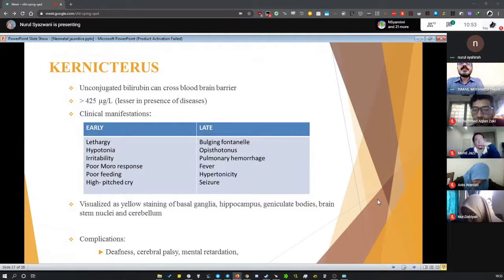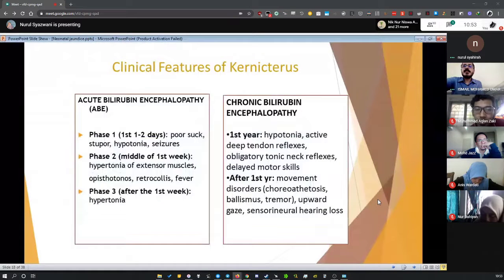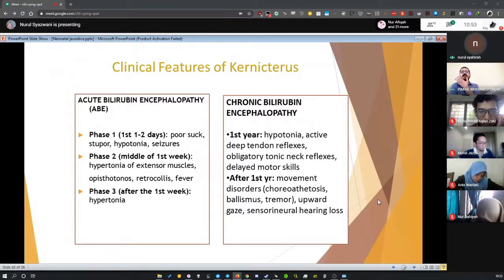Okay, so next, this is clinical pictures. We can have acute bilirubin encephalopathy and also chronic bilirubin encephalopathy. For the acute bilirubin encephalopathy, we have phase 1, which is the first 1 to 2 days, in which the baby may have poor sucking, stupor, hypotonia, and seizure.